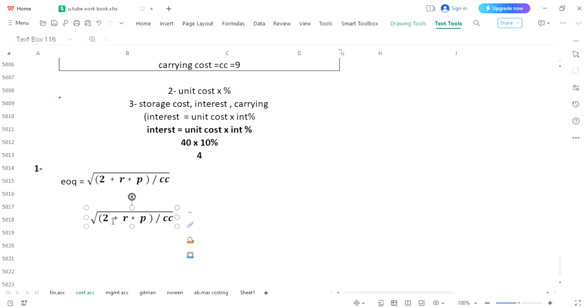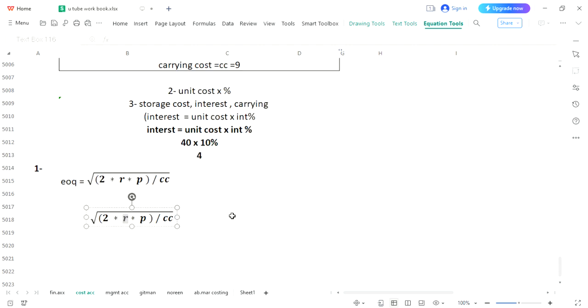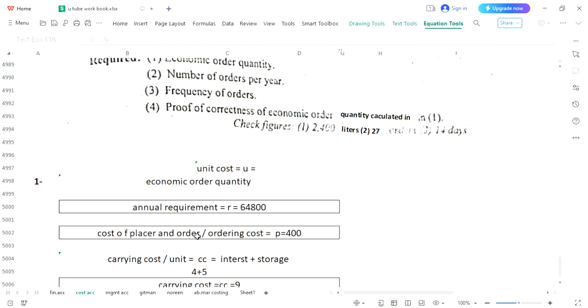2 is fixed, then annual requirement, that would be 64,800. So put 64,800 over here. Cost of place and order, and that is cost of place and order P 400.